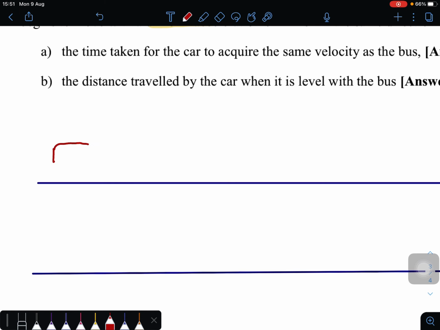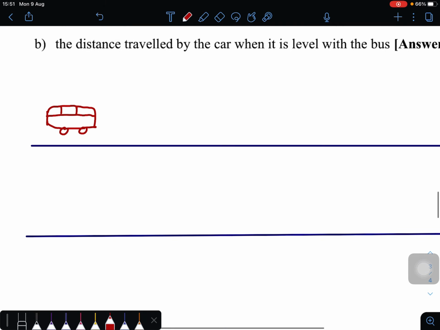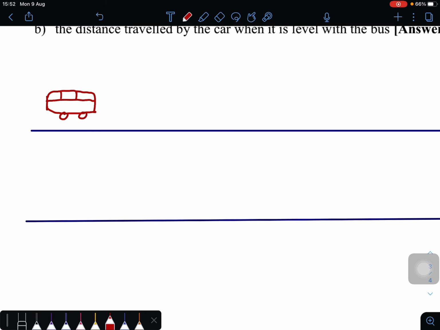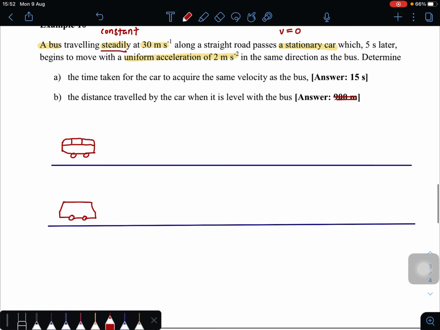Okay, I'm not really good at drawing, but just imagine this is the bus. It doesn't look like a bus, but you can just imagine. And then this is the car. Okay, car something like this, I guess. So that's the bus and the car. The car seems a bit bigger than the bus, but never mind.